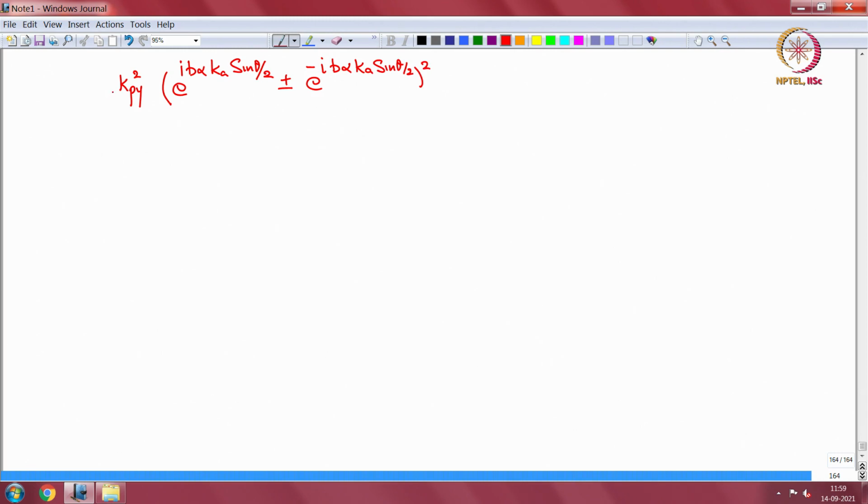In front I have a plus or a minus, divided by k square py minus alpha square ka squared sine squared theta whole squared.